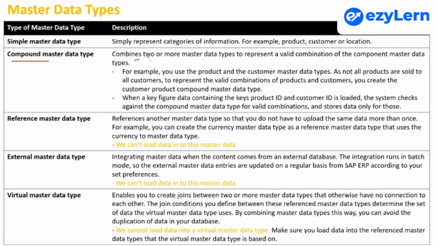It combines two or more master data to represent a valid combination of the component master data types. For example, you use the product and the customer master data types. As not all products are sold to all customers, to represent the valid combinations of products and customers, you create the customer product compound master data.